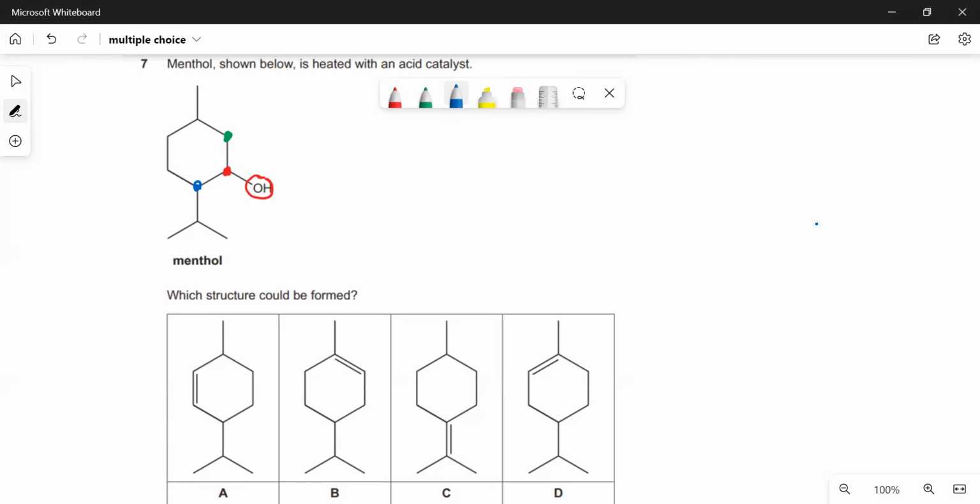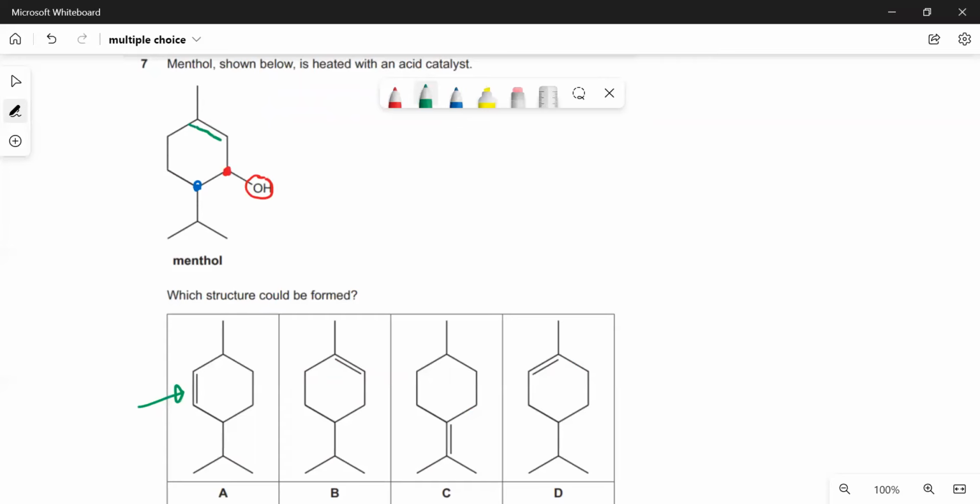Now, if you remove a hydrogen from the green carbon there, you're going to get that. The only thing is they've drawn it the other way, they put the double bond on the other side. But that A is correct. B isn't correct. You couldn't get the double bond forming up there, could you?